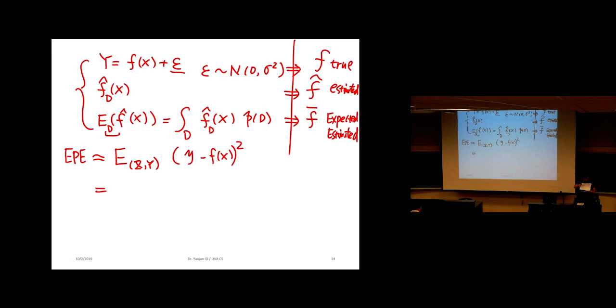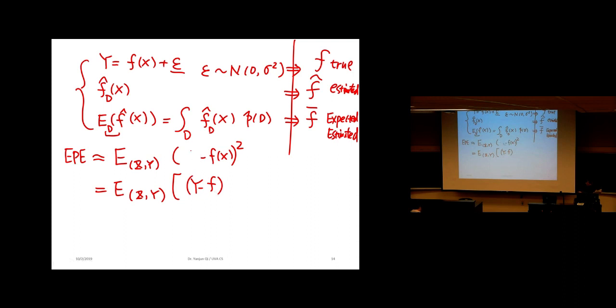If I remember correctly, with my derivation, yes, I can decompose this, equivalent to y minus the true f.